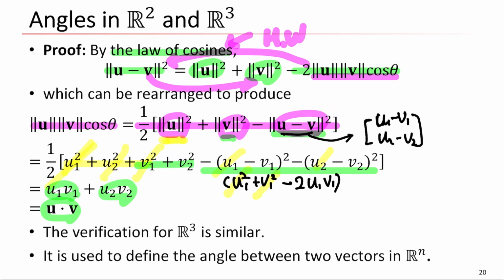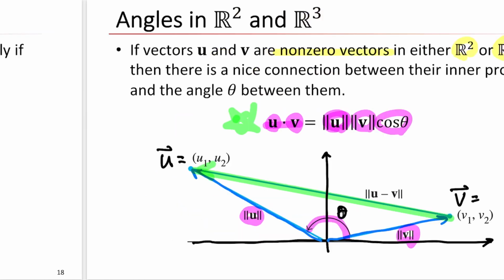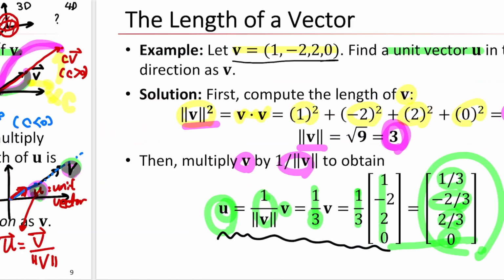Okay, so in other words, the inner product of vectors u and v is going to be the length of u times the length of v times cosine theta. This is another definition of the inner product.